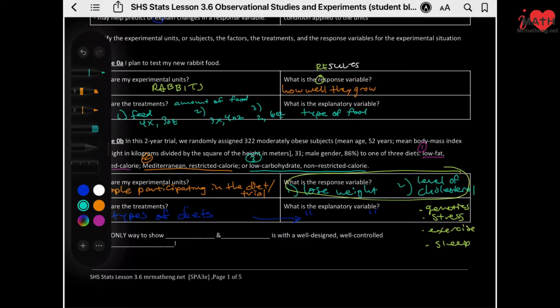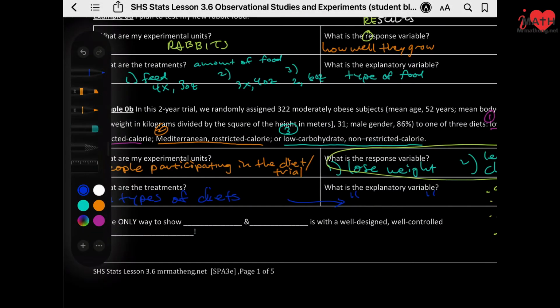Okay? All right, let's try page 2 now. We have to fill out the bottom here. The only way to show cause and effect is with a well-designed, well-controlled experiment. So the researcher has to do something actively, okay?